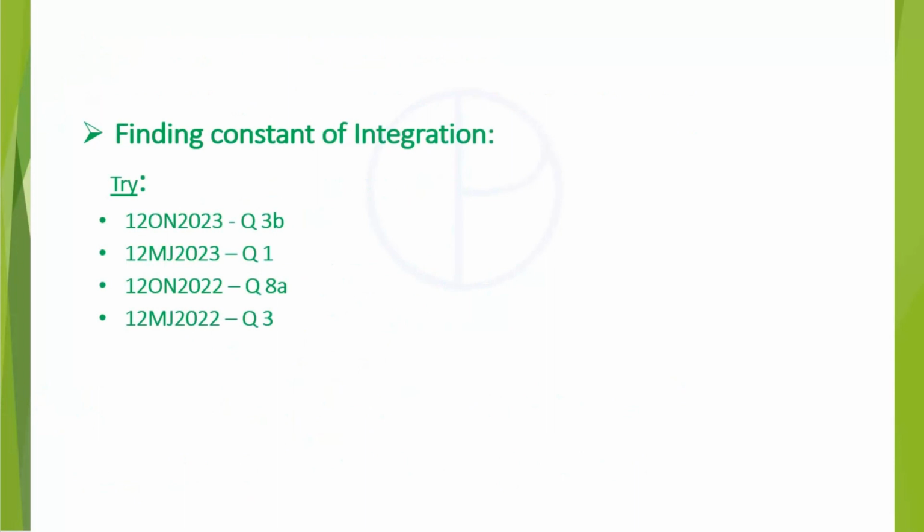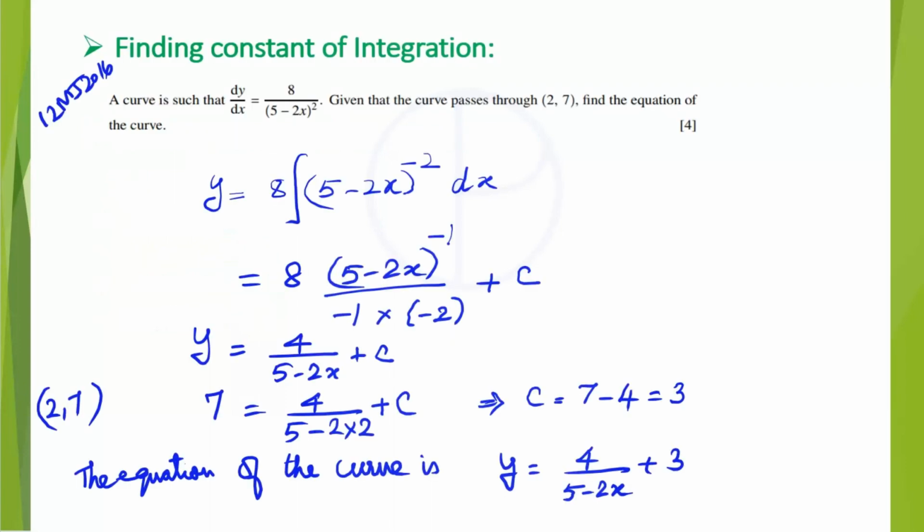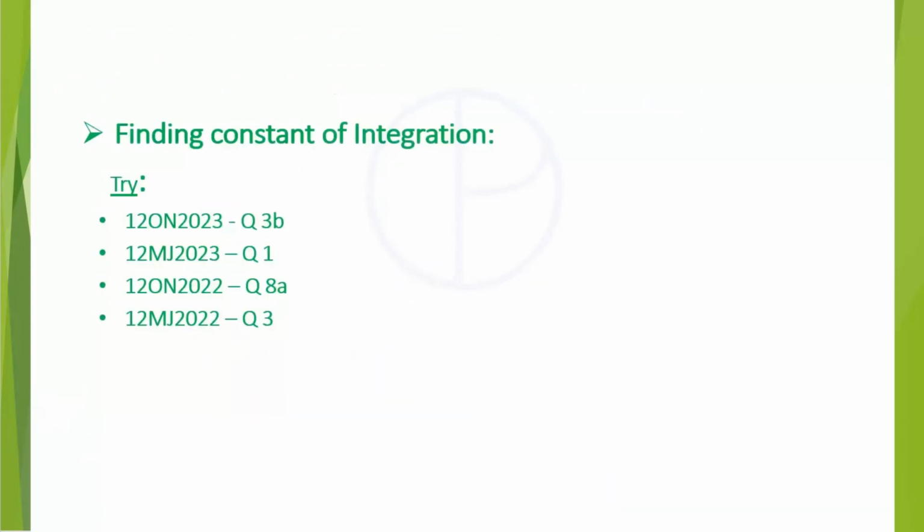These are some of the questions from the recent past papers, to find the constant of integration and finding the equation of the curve. Similar questions, you try these by yourself.